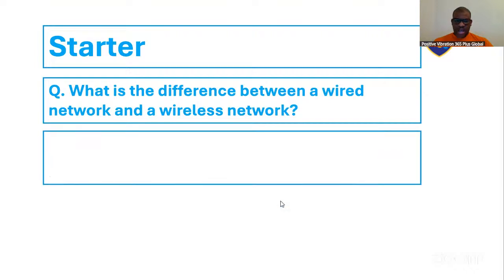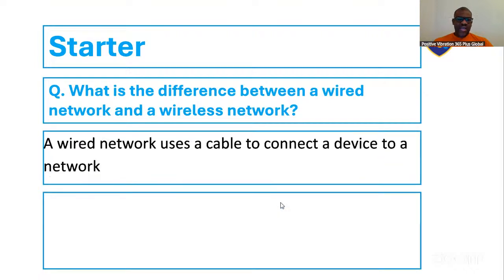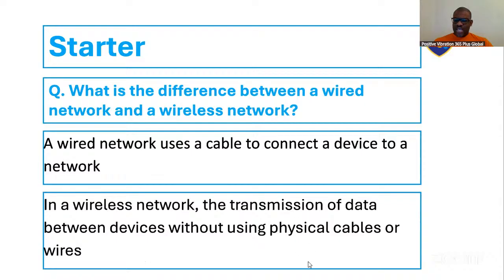I'm just going to pop up some thoughts on there in terms of what I would expect you to write should this be a CSEC examination. A wired network uses a cable to connect a device to a network, or connect two or more devices together in a network, however you want to put that.